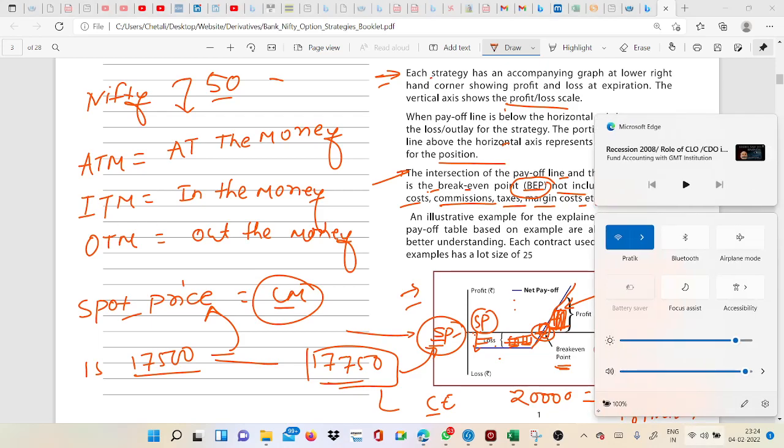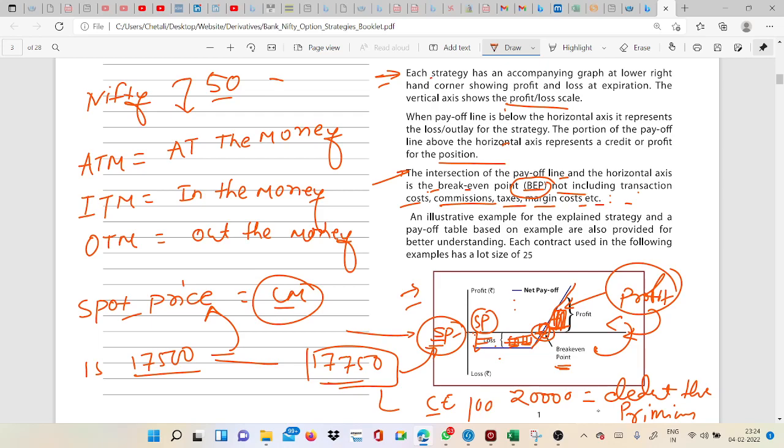Let's say your premium was around 10. Once you debit this, you will have a net profit of around this. So once your contract is in profit, you will get your premium and whatever exposure there is.